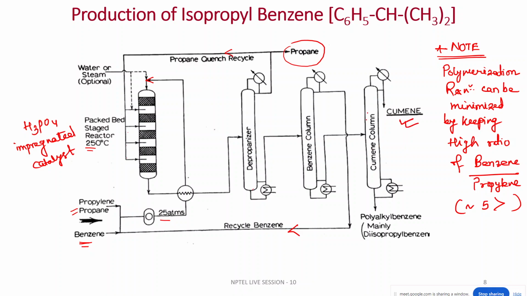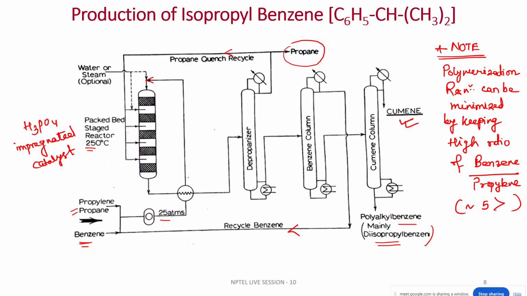But inside the reactor, if the benzene to propylene ratio is somewhat not up to the mark, then the side reaction, the polymerization reaction, will be high enough, so there might be a high yield of polyalkyl benzene, mainly diisopropyl benzene.